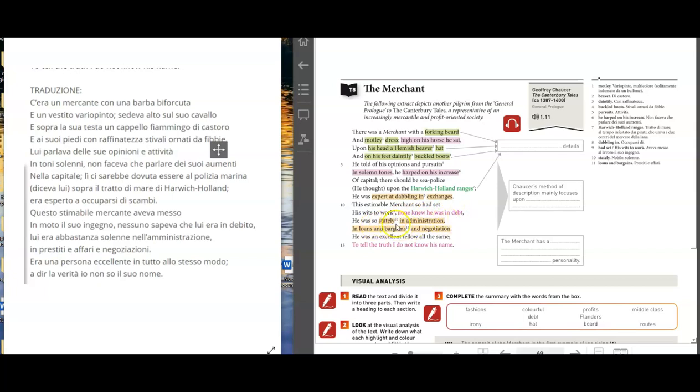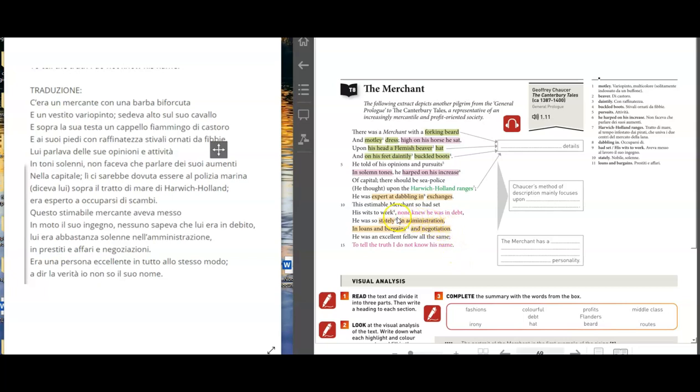He was so stately in administration, lui era così solenne nella sua amministrazione, in loans and bargains and negotiation, ok? Lui nei suoi prestiti e nei suoi affari, nei suoi prestiti e nelle negoziazioni, nel negoziare. He was an excellent fellow all the same, era comunque un'eccellente persona. To tell the truth, I do not know his name. A dire la verità, io non so neanche il suo nome.